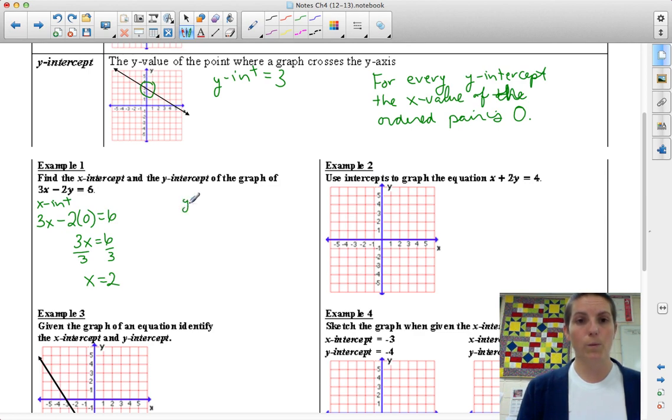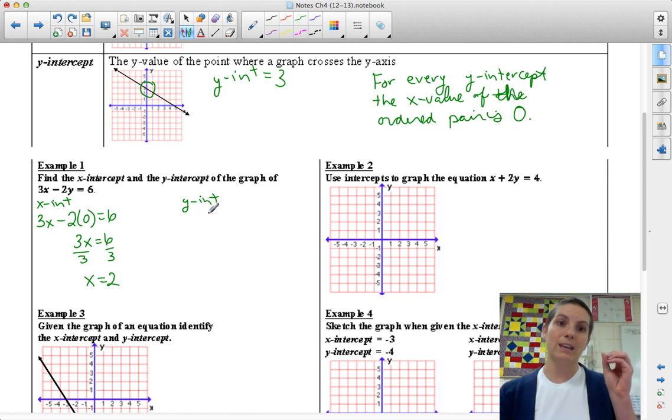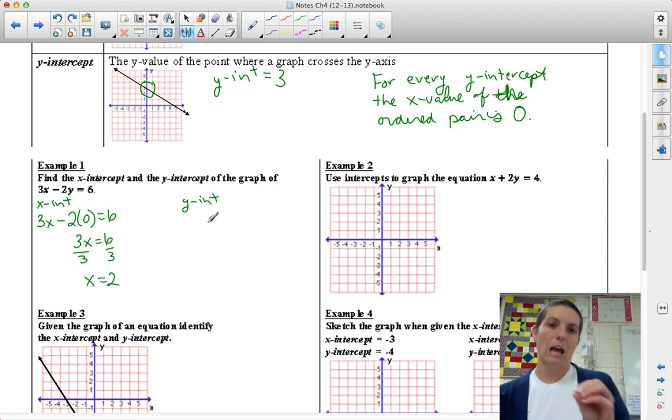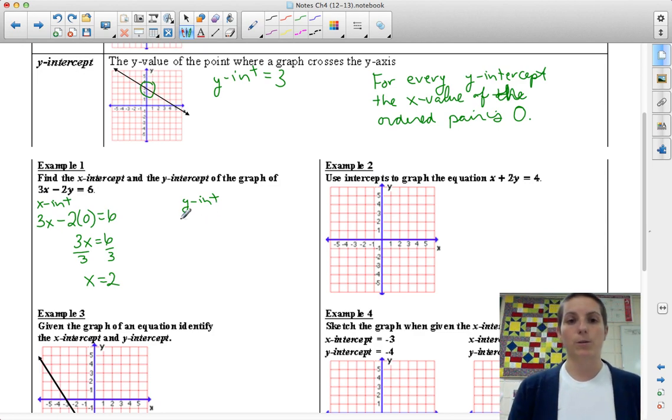Similarly, when we look at the y-intercept, and I always label my work so I know what I'm looking for, we say, okay, we're looking for the y-intercept. We need a number in that y spot, and we want the x part to be 0. So plug in a 0 for x. 3 times 0 minus 2y is equal to 6.